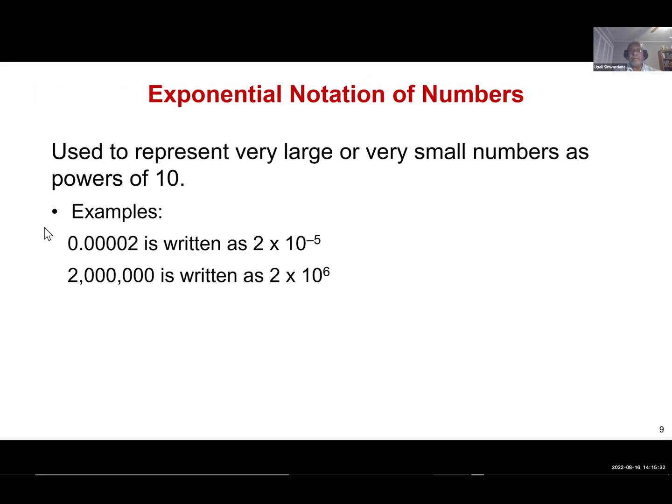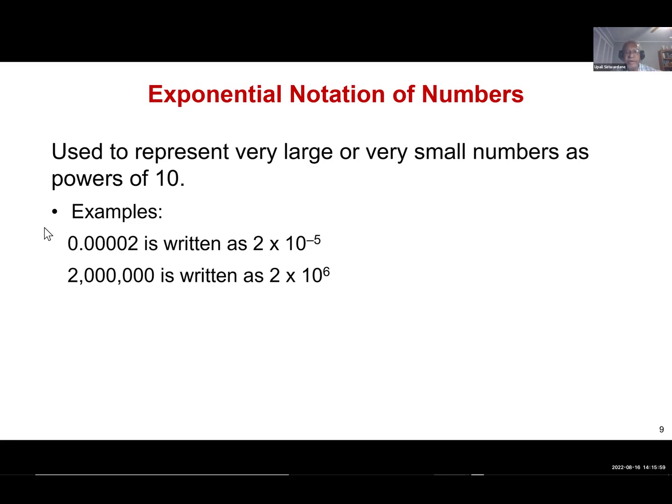Now, as I said before, a measurement has a number part and a unit part. We're going to look at the number part. Measurements are expressed in normal or scientific notation form. Scientific form has exponents of 10.